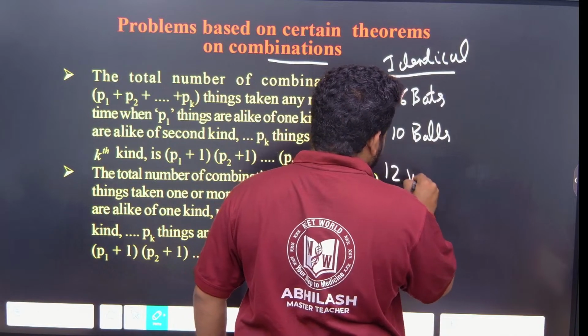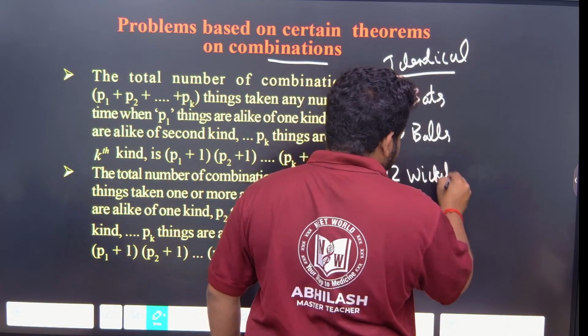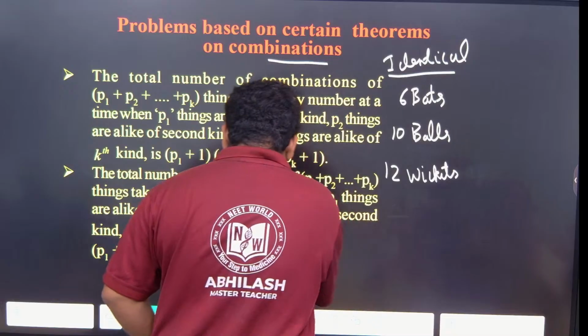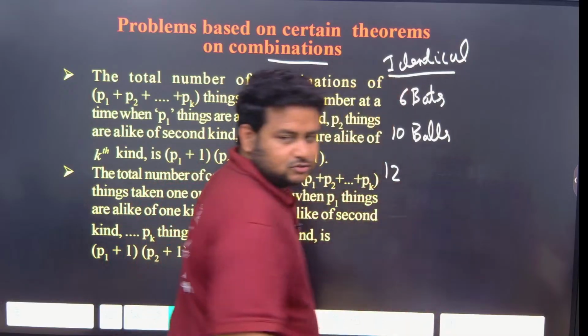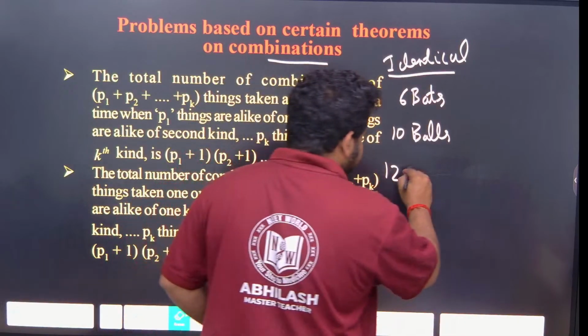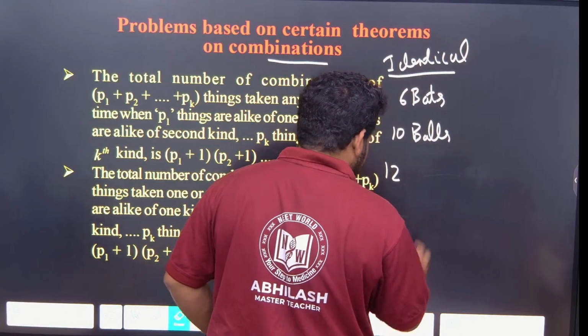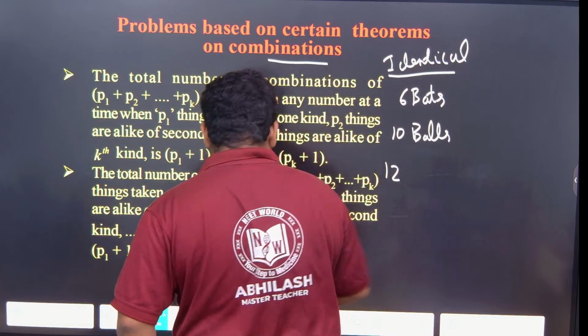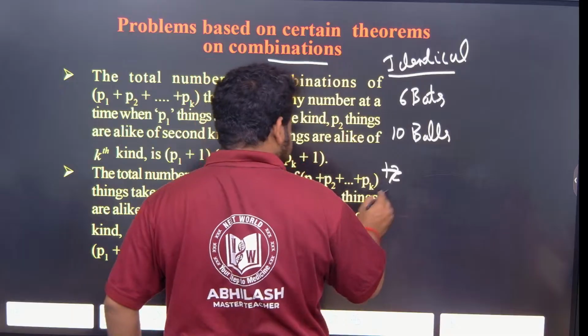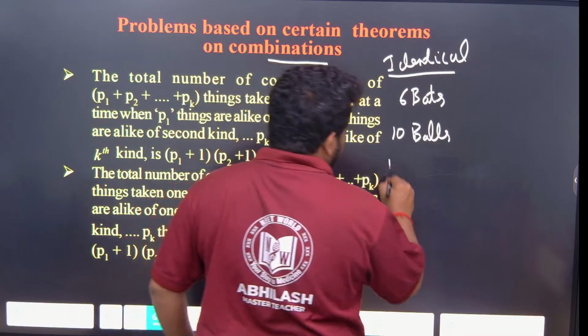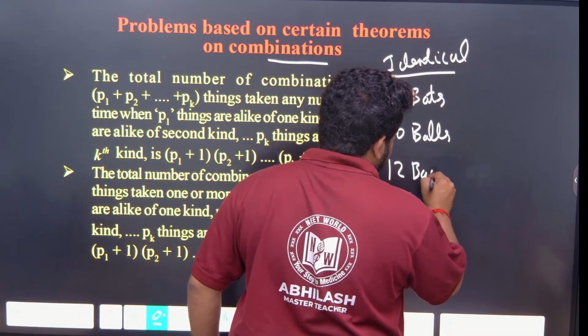There are 12 wickets. Wickets means, let me talk about stumps. Or instead of that, we will take it as 12 bags.